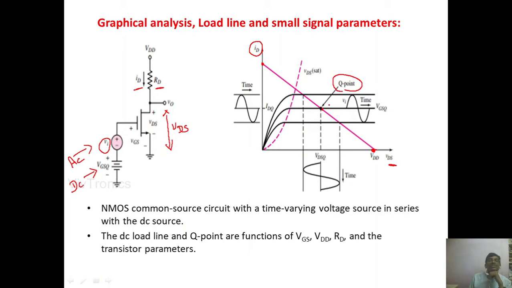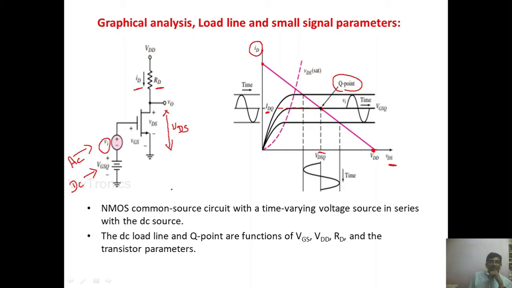This Q point can be set by using VDSQ, the DC output voltage, and IDQ, the DC output current. Here the Q point values mean the pure DC values or DC components.